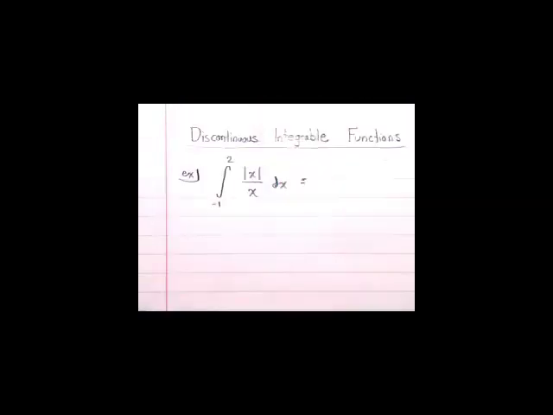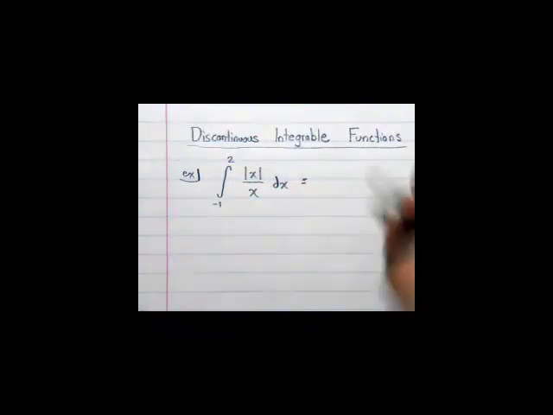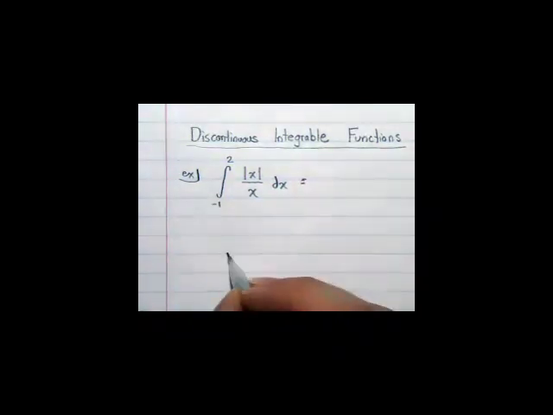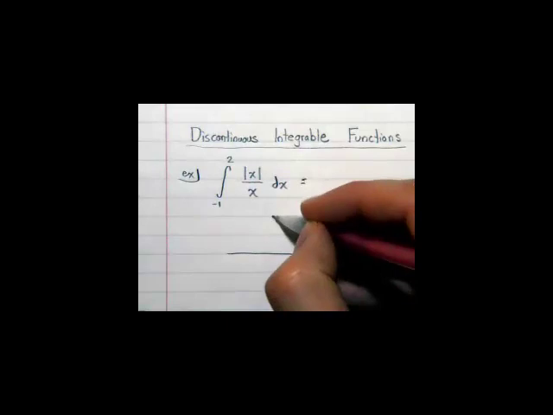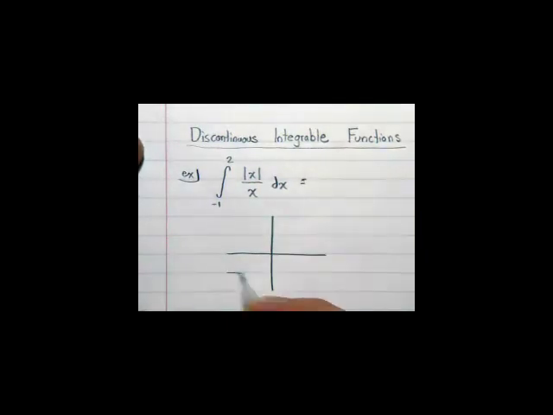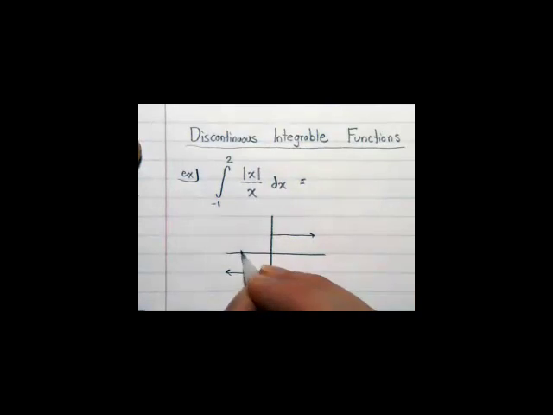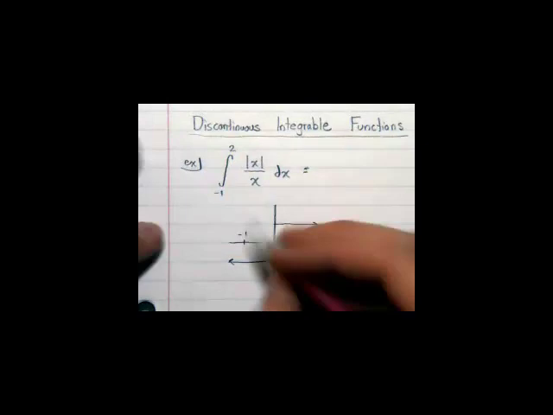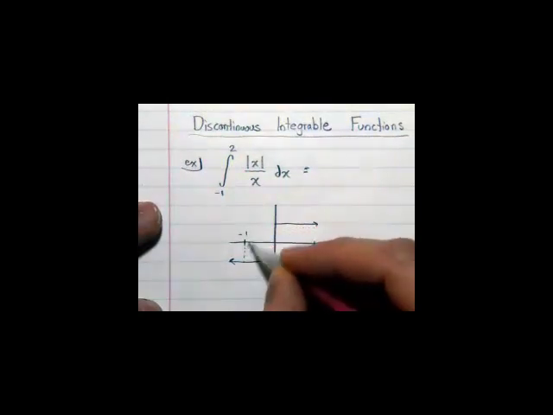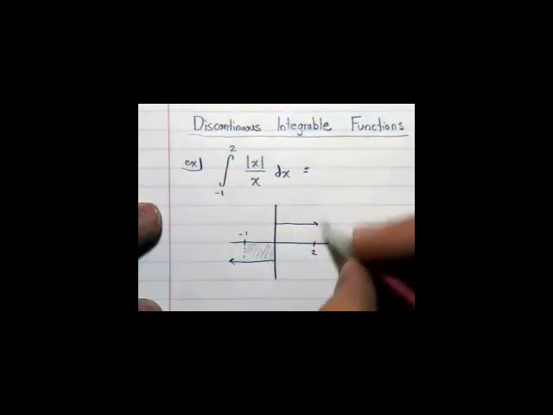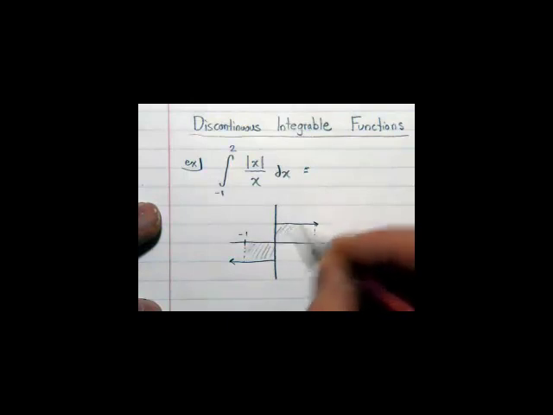So I have two portions here. Maybe I should just draw this graph on here too, just so we can talk about it easier. So from -1 out to 2, we've got this rectangle, and then we've got this rectangle.